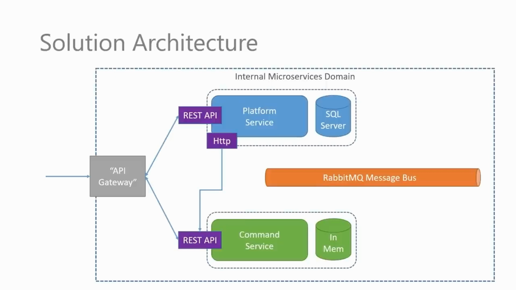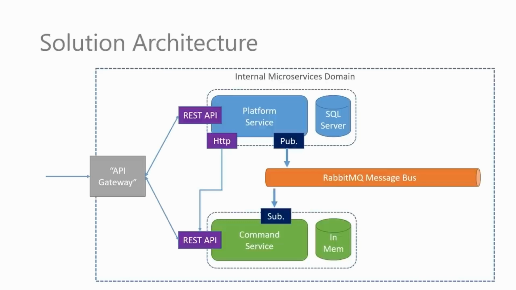So really what we're going to focus most of our attention on in this course is the idea of using asynchronous messaging via an event bus or a message bus. And so what we're going to do, similar sort of scenario, when we create a new platform in the platform service, we're going to publish an event onto our message bus. Now, all the platform service is aware of at this point is the fact that there is a message bus. It is not aware of the command service, nor does it care that there is one.